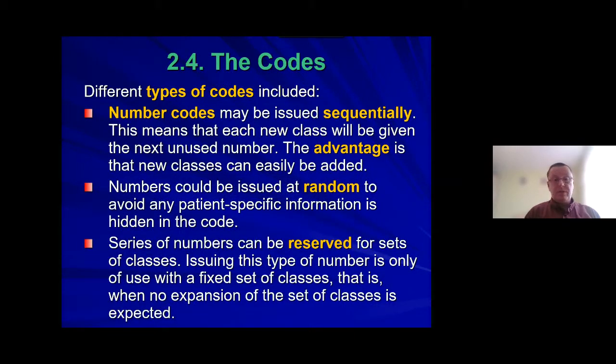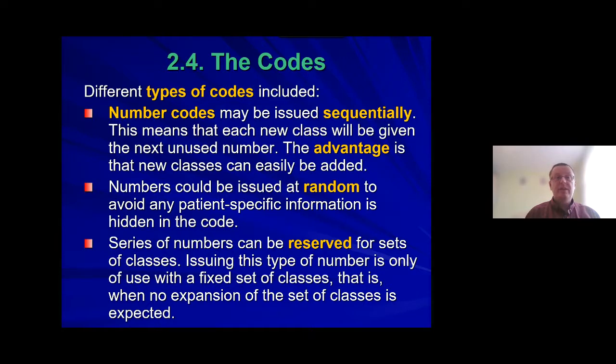Okay, different types of codes include numbers. Numbers could be issued sequentially, meaning each new class will be given the next unused number. The advantage is that we can very easily add new classes. Another approach is random assignment.